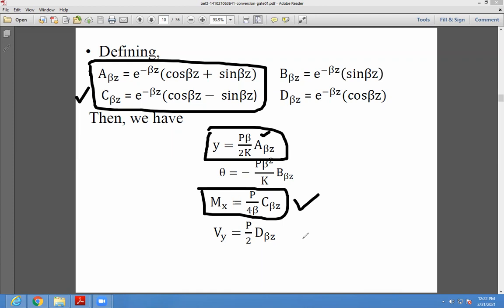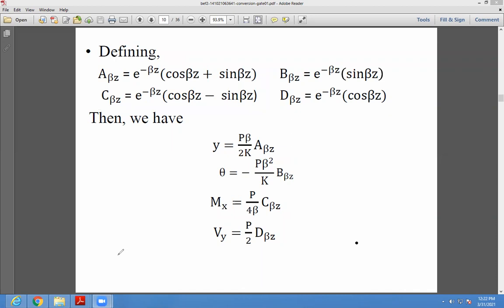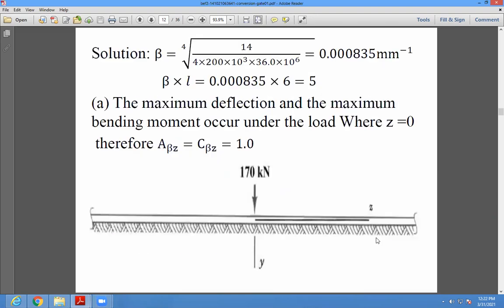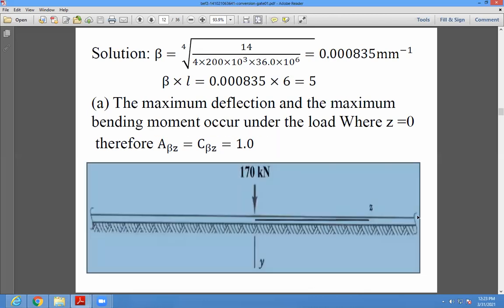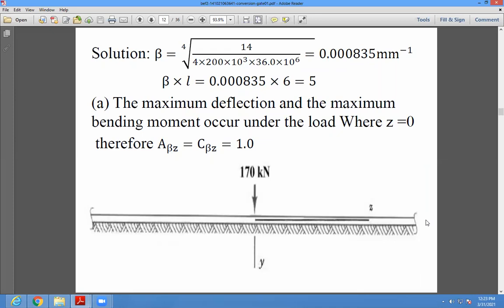So for Z equal to 0, A beta Z is equal to C beta Z is equal to 1. Shall I proceed? Yes, sir. Right.